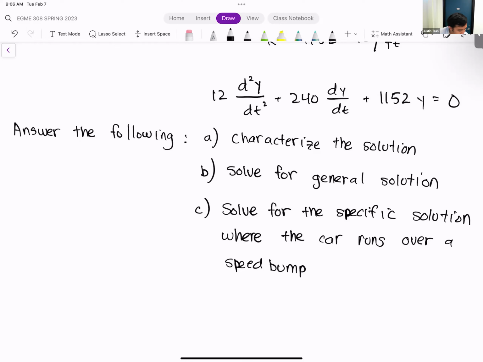The way that we're going to model a speed bump is that, initially when you first hit a speed bump, your wheel is still going to be on the ground, but as the car hits the speed bump, it's going to have a velocity going up. So we're going to give this wheel an initial upward velocity.